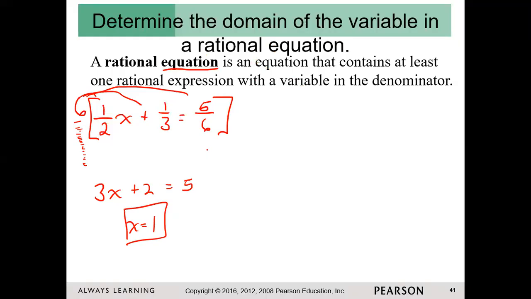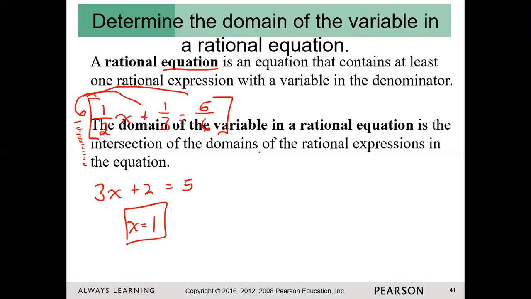We are going to have algebraic expressions in the denominator, and we're going to first have to find the LCD, and then we're going to multiply by that LCD to get rid of all of the denominators that we have, and then we'll solve the resulting equation. So once we do that process of multiplying by the LCD, it takes us right back to what we did in chapter 1, which was solving for x, solving an equation.